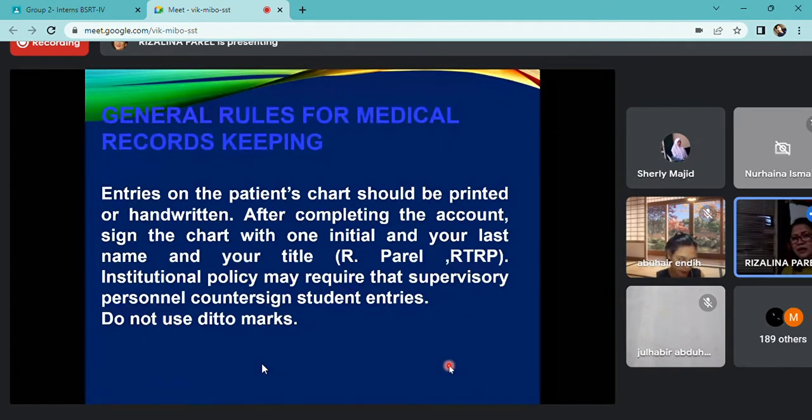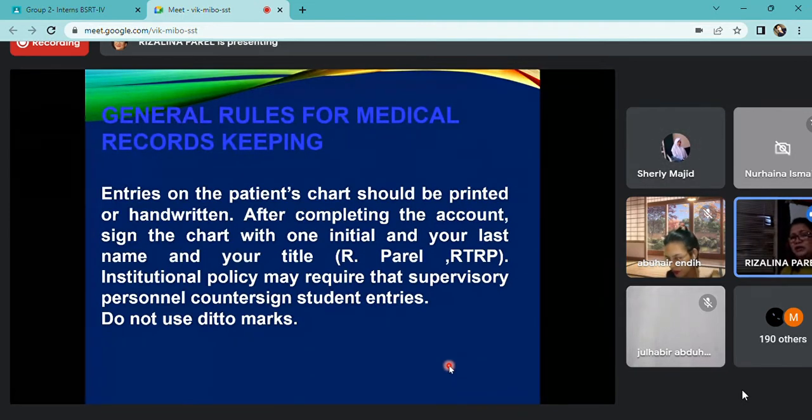And then, after ko mag-chart, mag-cross sign yung aking CI para i-countersign niya kung ano man yung aking na-evaluate doon sa patient. Okay? So, yun. Kapag wala kayong CI, dapat yung staff, yung RT staff ang magka-counter sign.